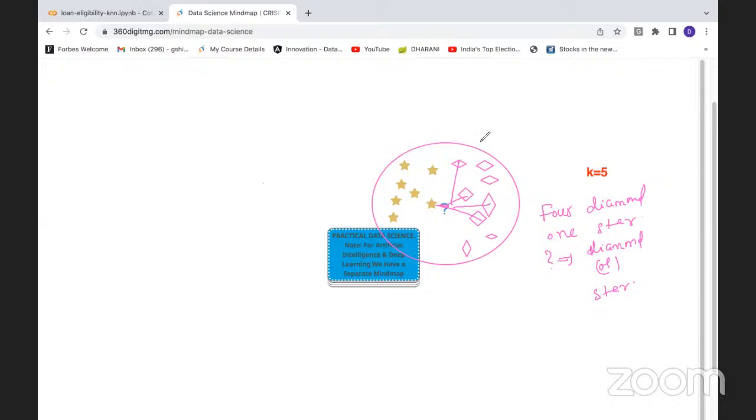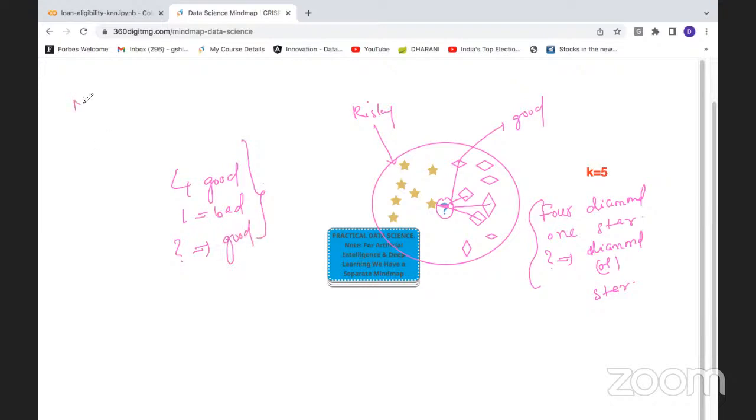So you can say that these are good customers, these are risky customers. Now this question mark will relate to a good or risky customer. If you see this concept, 4 people are good customers near this question mark and 1 is a bad, risky customer. So this question mark will go and sit in good.